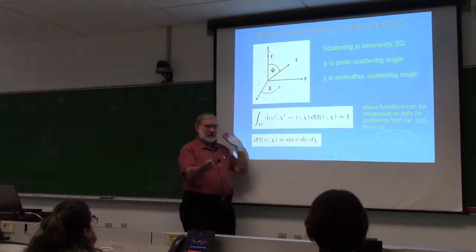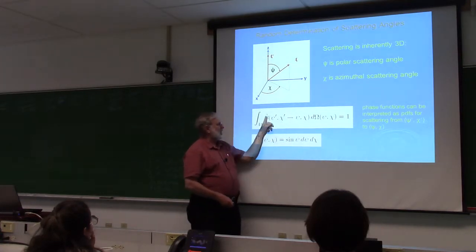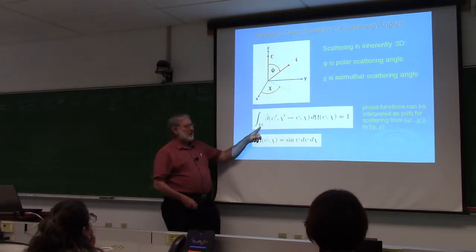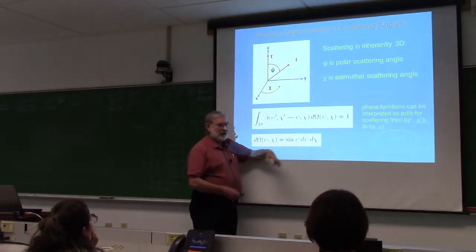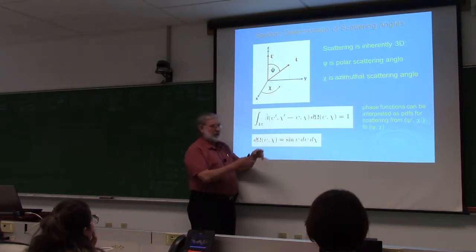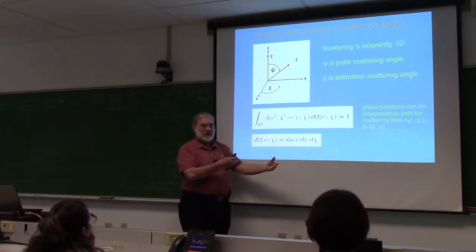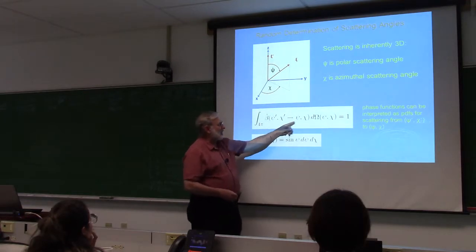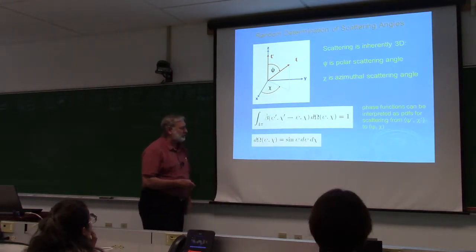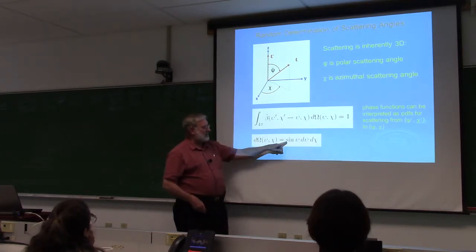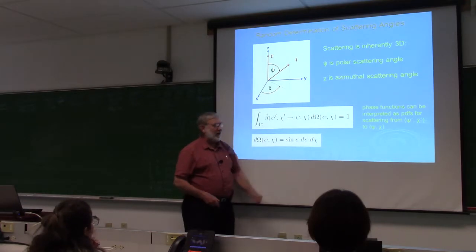And we know it's going to go somewhere. So the integral of this over all 4 pi steradians is going to be 1. One of the requirements for a PDF is that when you integrate over the range of the variables, it has to be 1. There's a probability of 1 that it's going to go in some direction. And we remember our old friend here, the element of solid angle is sine psi d psi d chi.